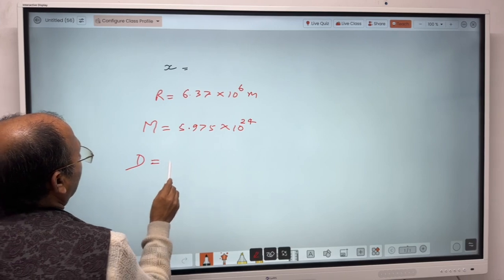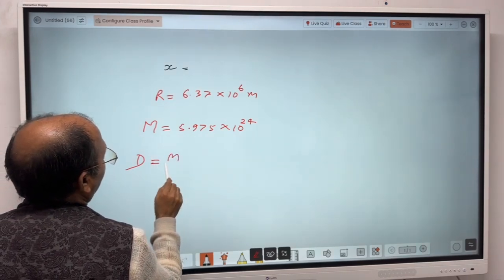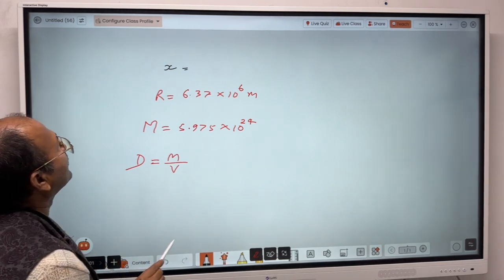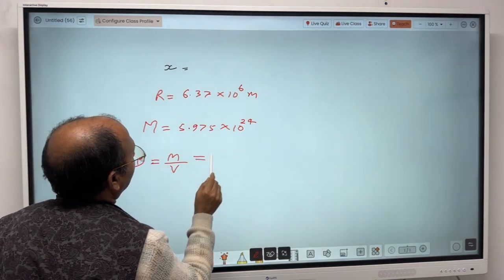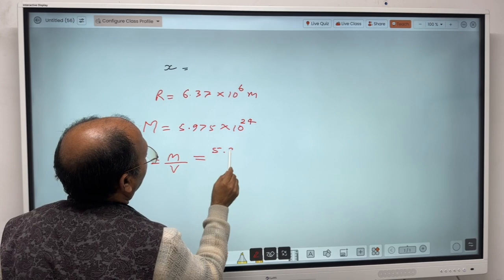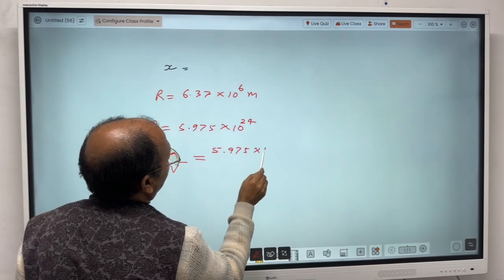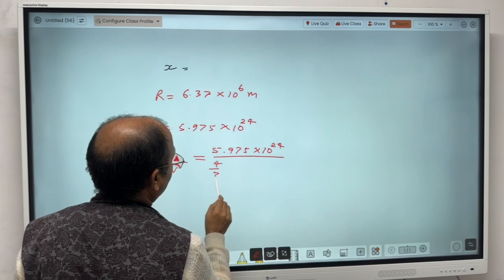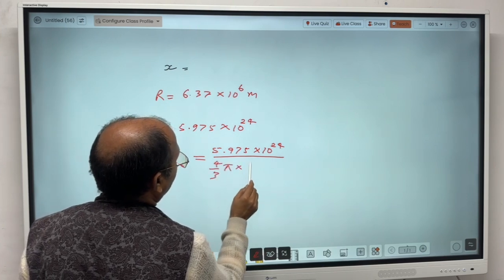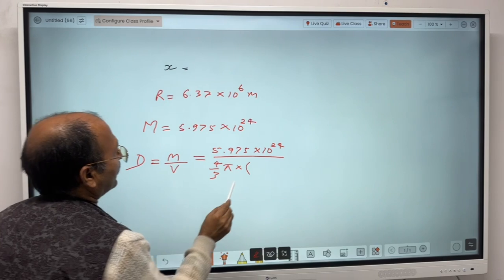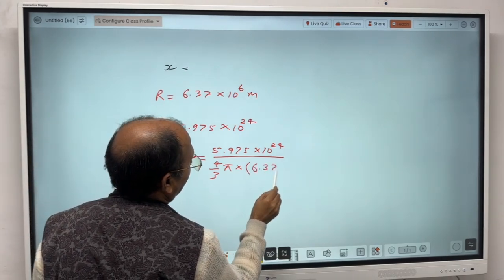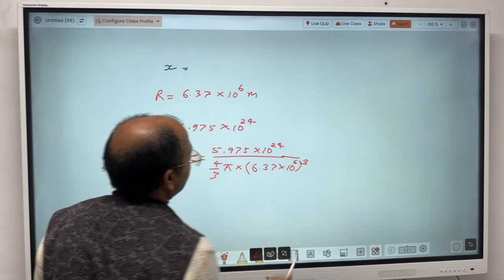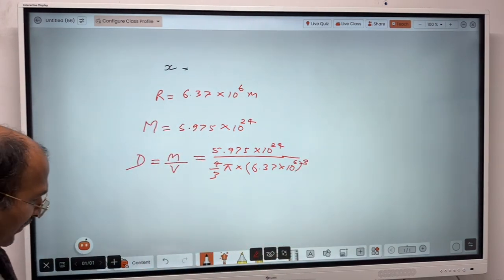For finding density, we can write mass upon volume. Here the volume of a sphere is to be considered, that is 4 by 3 pi r cube. So we write the values: 5.975 into 10 to the power 24 divided by 4 by 3 pi into r cube, where r is 6.37 into 10 to the power 6, whole cube. We can simplify; calculation you can easily do.